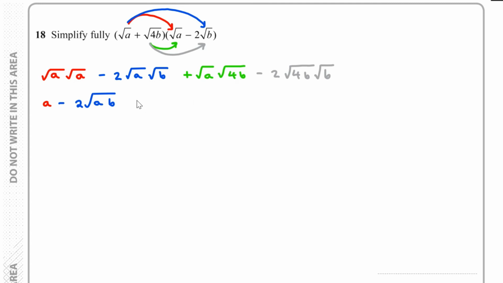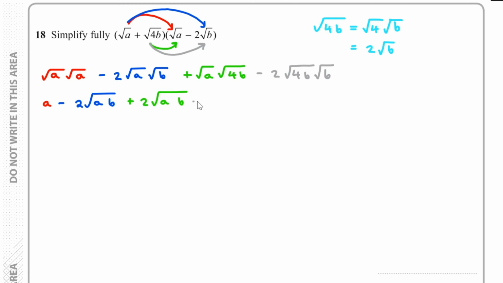So here we've got plus 2 lots of square root A square root B. And that's because square root 4B is the same as square root 4 times square root B, which is 2 square root B. So that's why we've got this result here.